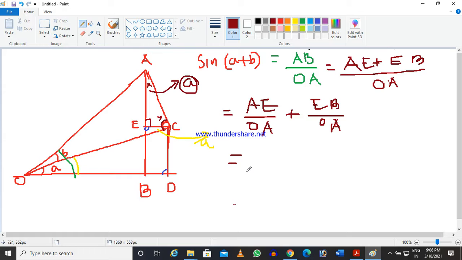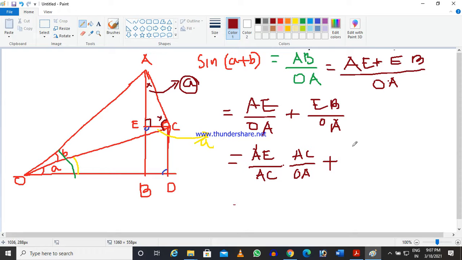Here we will do one small modification: AE by AC into AC by OA. You see the AC cancels, and ultimately it remains AE by OA.